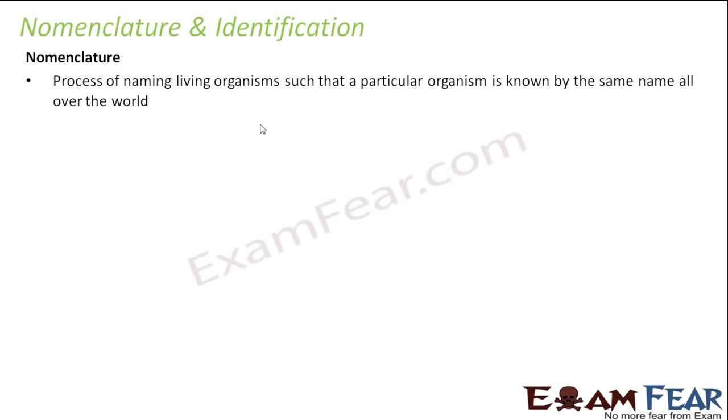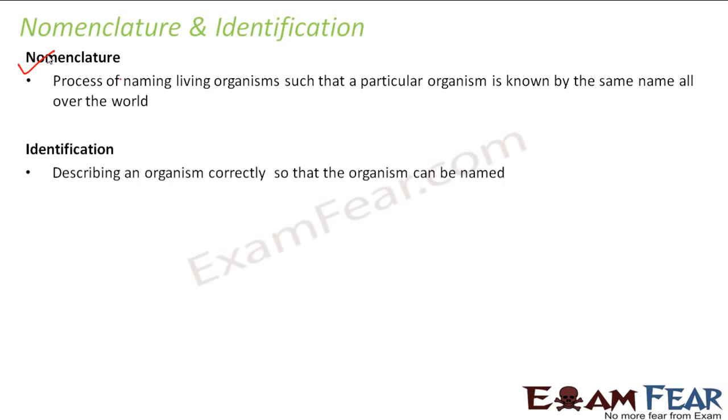So now we have another thing called identification. So what is identification? Let's see. Describing an organism correctly so that the organism can be named. Now, in order to name something, you should know what it is, right?